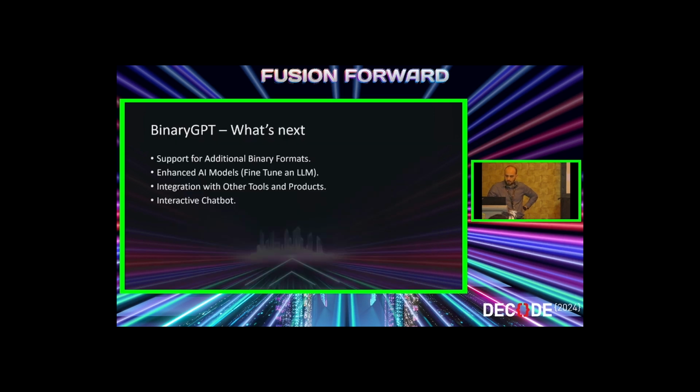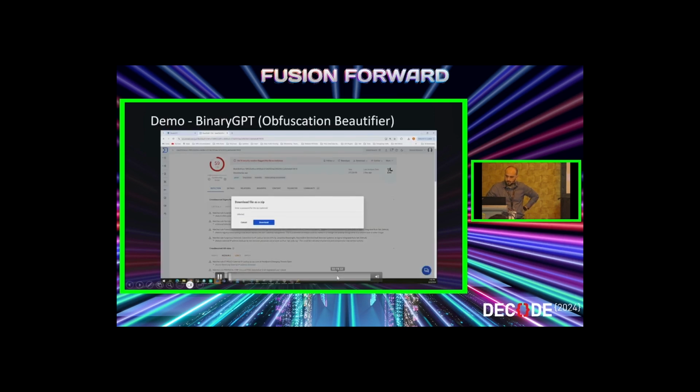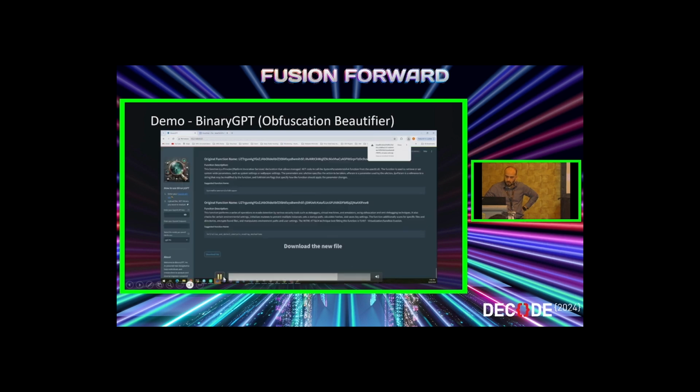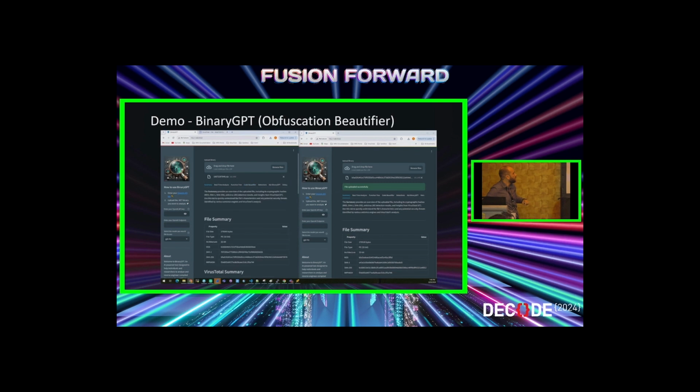Now we got this download option. We download the new file, and I'm gonna show just a quick comparison between the two versions to show the power of the beautification feature in BinaryGPT and to show the power of AI in malware analysis.